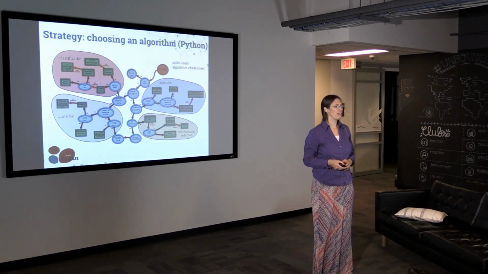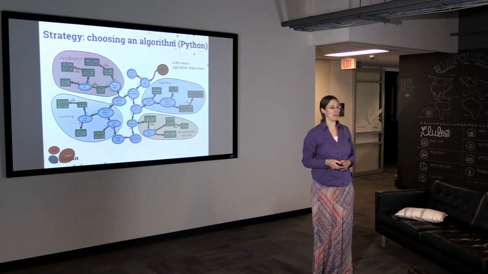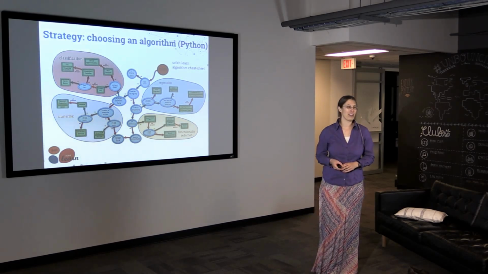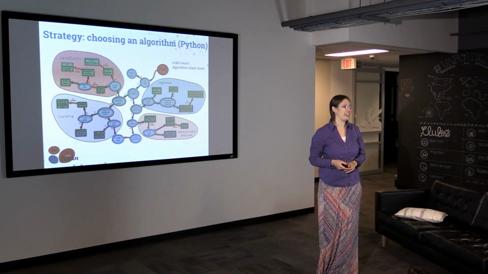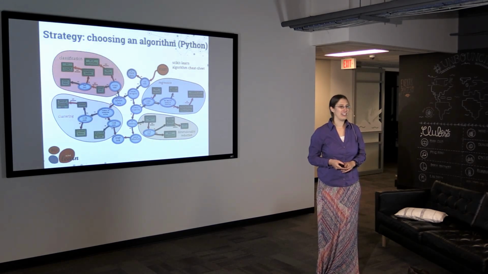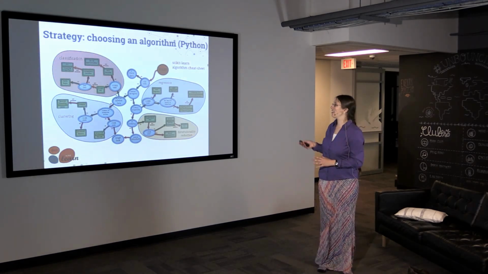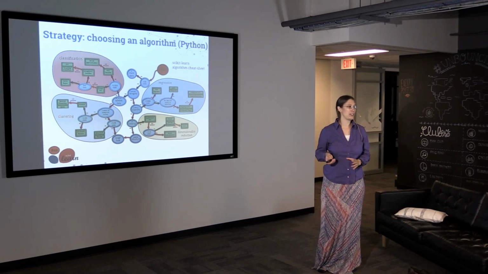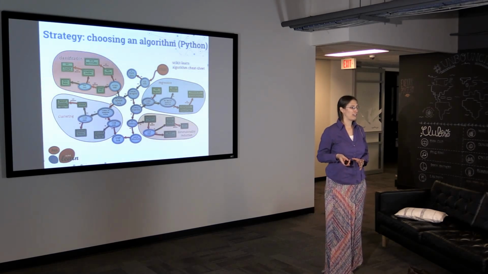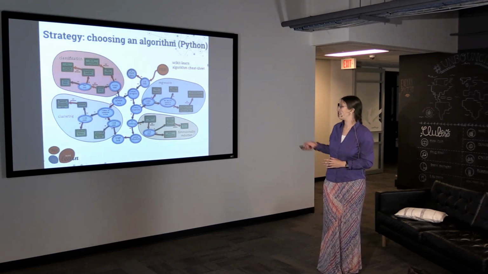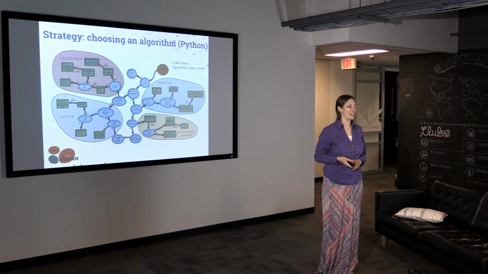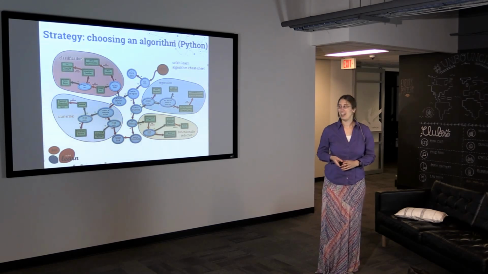Okay, so once you've got your nice features built, the next part of the strategy is to pick an algorithm. One of the nice things about scikit-learn, the machine learning package for Python, is that they have this handy flow chart that helps you make a good decision about what algorithm to pick.